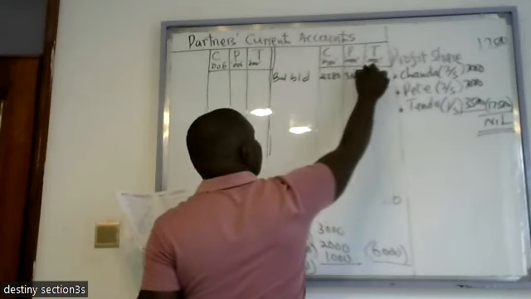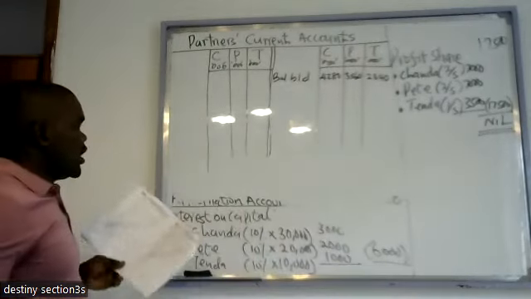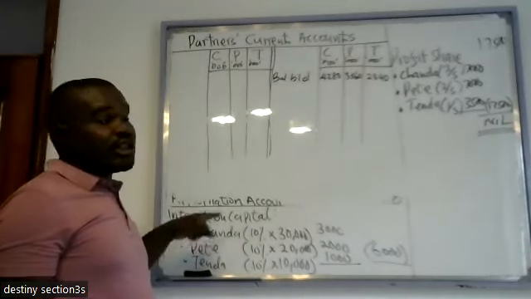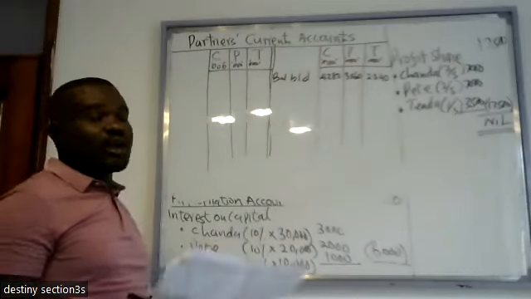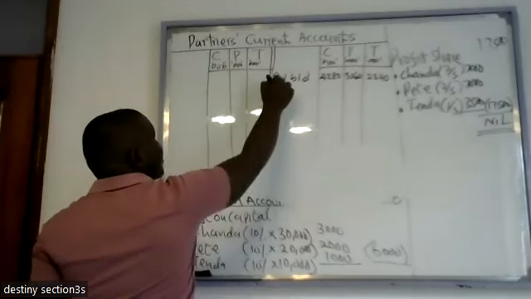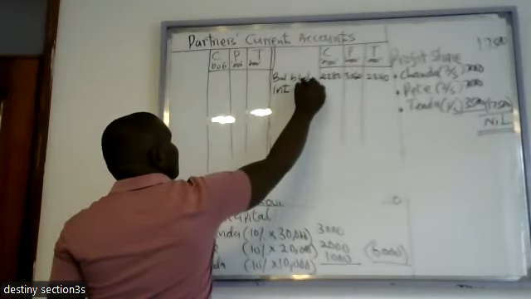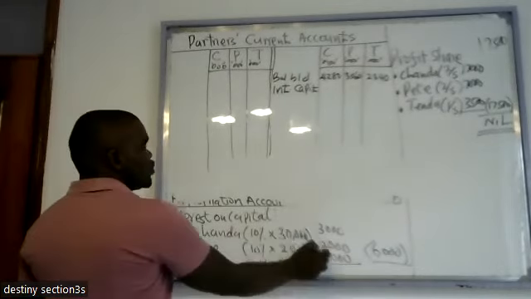Then we have 2340 there. Then now, these people are entitled to interest, which we have just calculated. So any benefit to the partners you credit the current account. So interest on capital, 321.